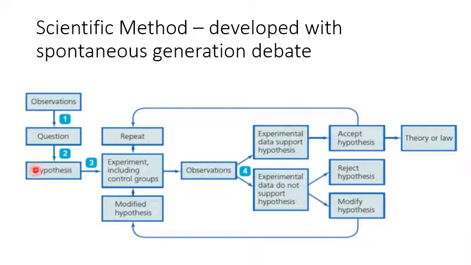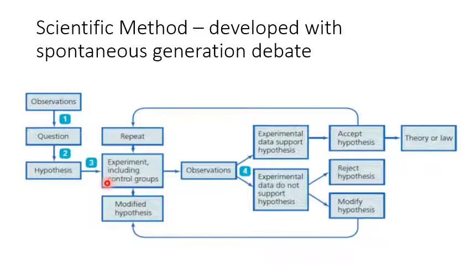Once you have your hypothesis, then you design an experiment to test it. You figure out what prediction your hypothesis makes, and then do an experiment where you see if that prediction comes true. Anytime you're running an experiment, you have to be careful to include control groups.